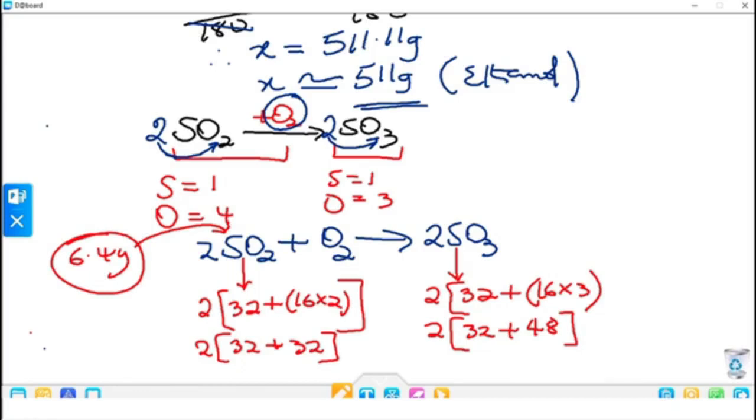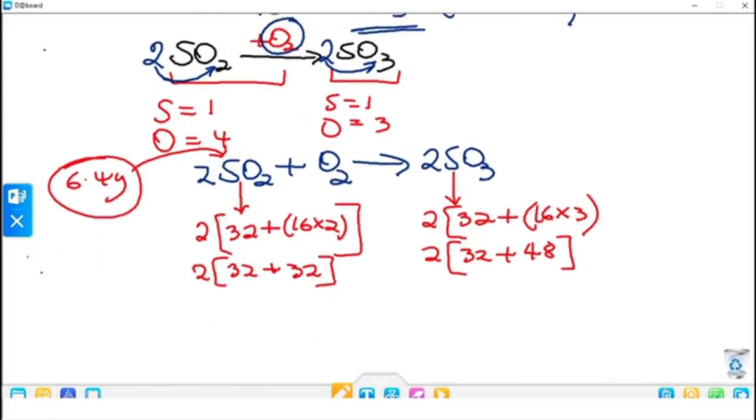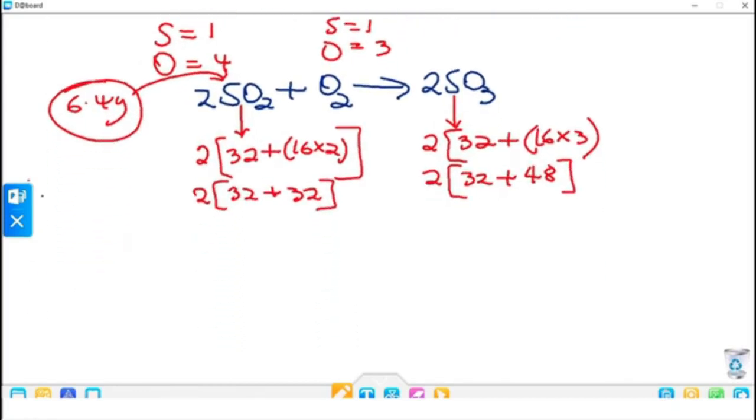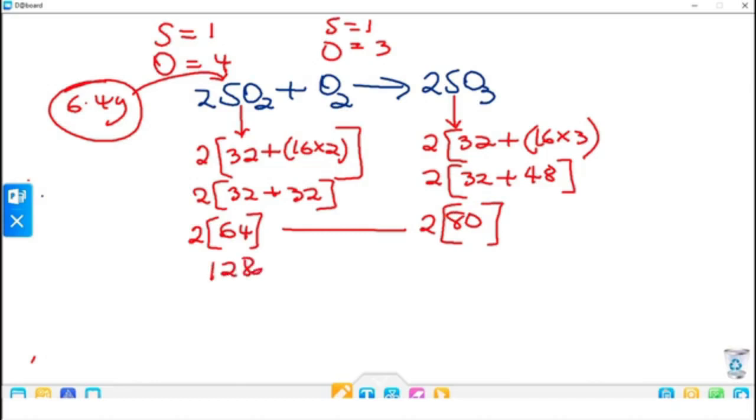So the next is 2 into 32 plus 32 is 64. And again, 2 into 32 plus 48 is 80. So 2 times 64, it means we have 128 grams of SO2.